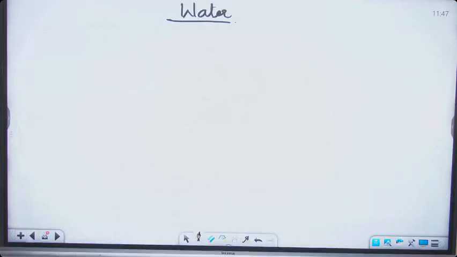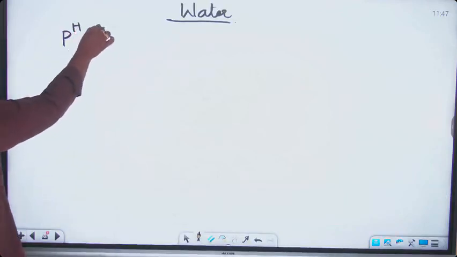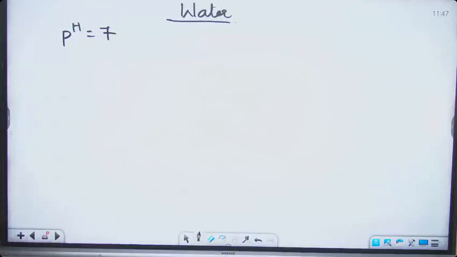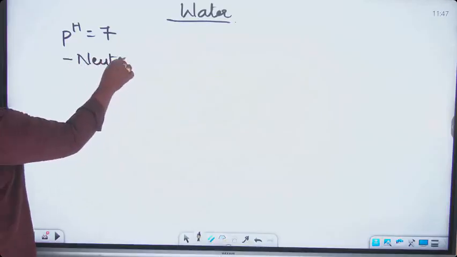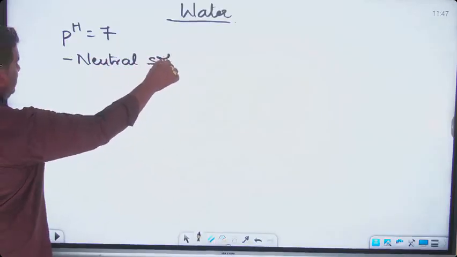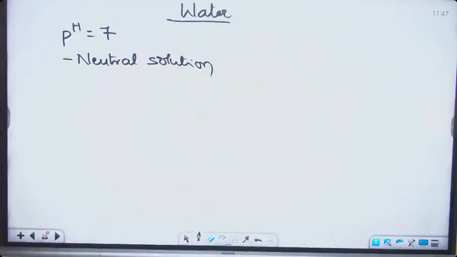So the moment you're talking about the case of water, the pH of water equal to how much? 7. So it means that water is a neutral solution. Water is a neutral solution because its pH value is equal to 7.